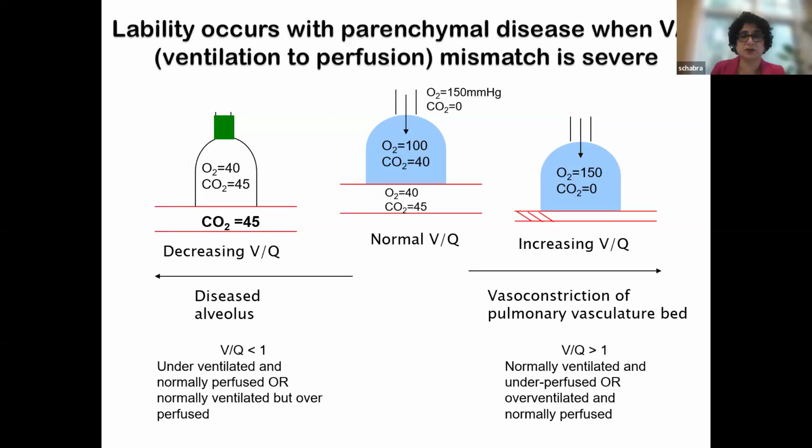The center is a normal VQ, ventilation to perfusion ratio, and then the right shows increasing ventilation to perfusion, which is vasoconstriction of the pulmonary vascular bed, where VQ is greater than 1, either in normally ventilated and under-perfused lungs, or over-ventilated and normally perfused.